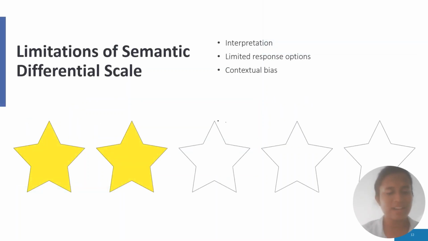Then there are also limitations of the semantic differential scale. The interpretation can have respondent bias, so it can lead to a wrong response when using the semantic differential scale. Another limitation is that there are limited response options.